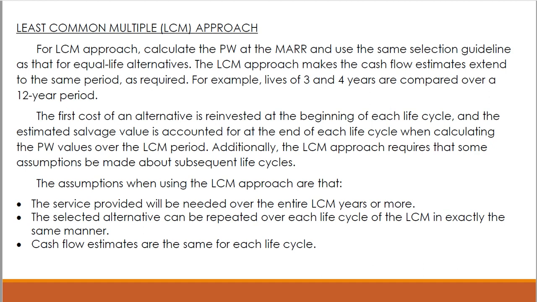Of course, that is not realistic because the value of 1 million now is not equivalent to the value of 1 million after 3 years. But that's what we do in this particular approach.